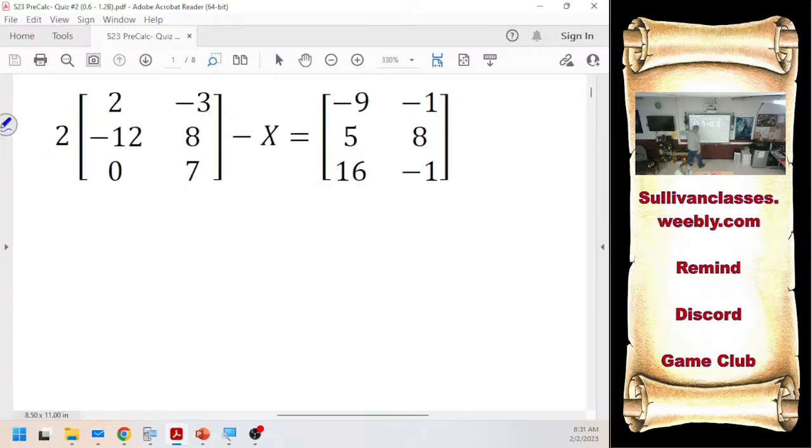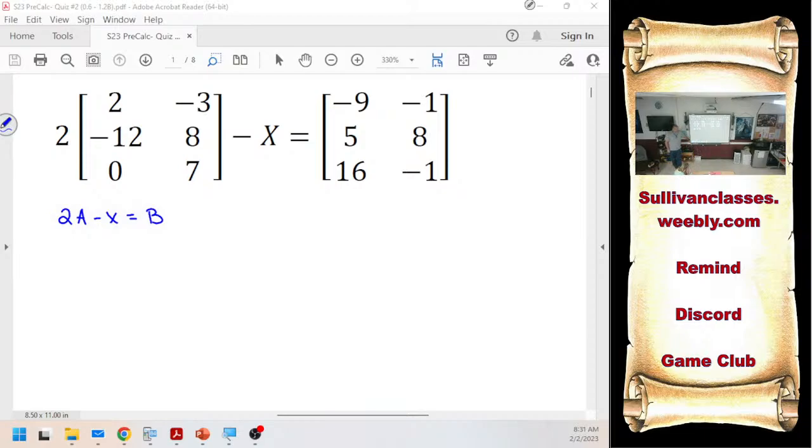Matrix operations. Before I go moving entire matrices around, I would rather treat this as a literal equation to solve and then just do those operations. So if I turn that into 2a minus x equals b, how would I get x by its lonesome?